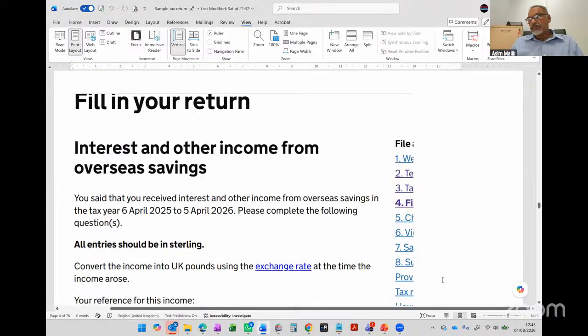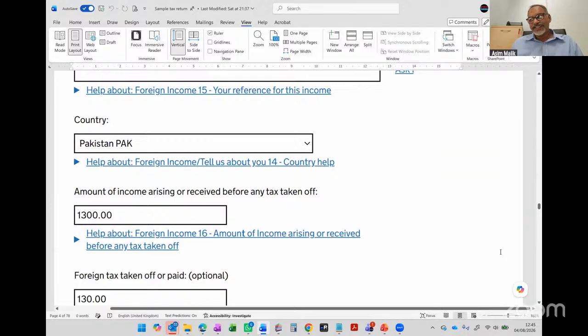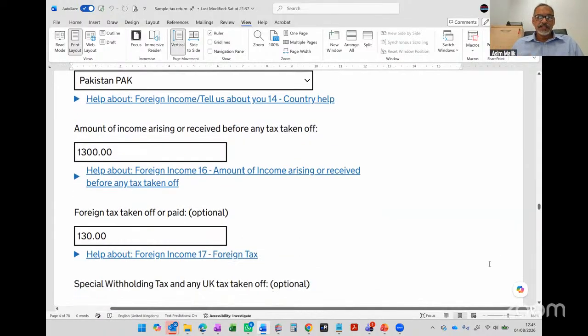Interest income: typically some taxpayers, especially migrants, keep some money in foreign countries, Pakistan, India, Nigeria, those kinds of countries. Because they become a tax resident in this country, if they're getting income, even if they're not remitting that income, they still have to disclose that income here and pay tax on it.